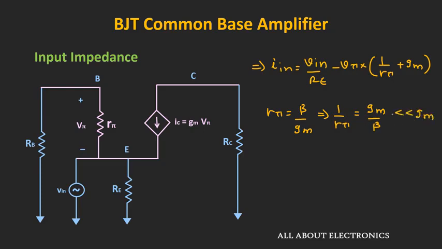That means here we can neglect this term. So neglecting this term, we can write this current as In is equal to Vin divided by Re minus V pi times Gm. So here we need to find the expression of the V pi in terms of the input signal.